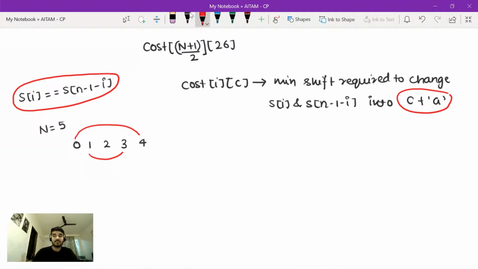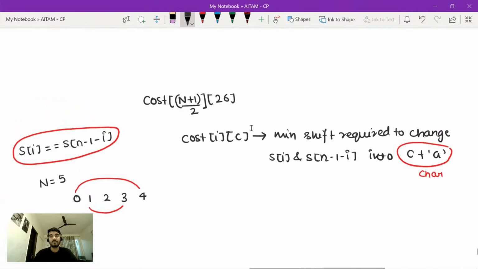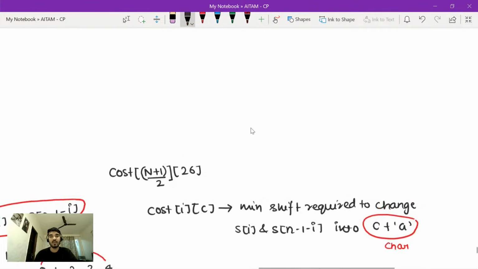This is the character. And so how will I find this thing? Just simply iterate over all the indices, and for every character you have two possible paths. Let's say I have a character a, and then I have a character b. And if I want to transform a into b, then what are the different possible paths I have?